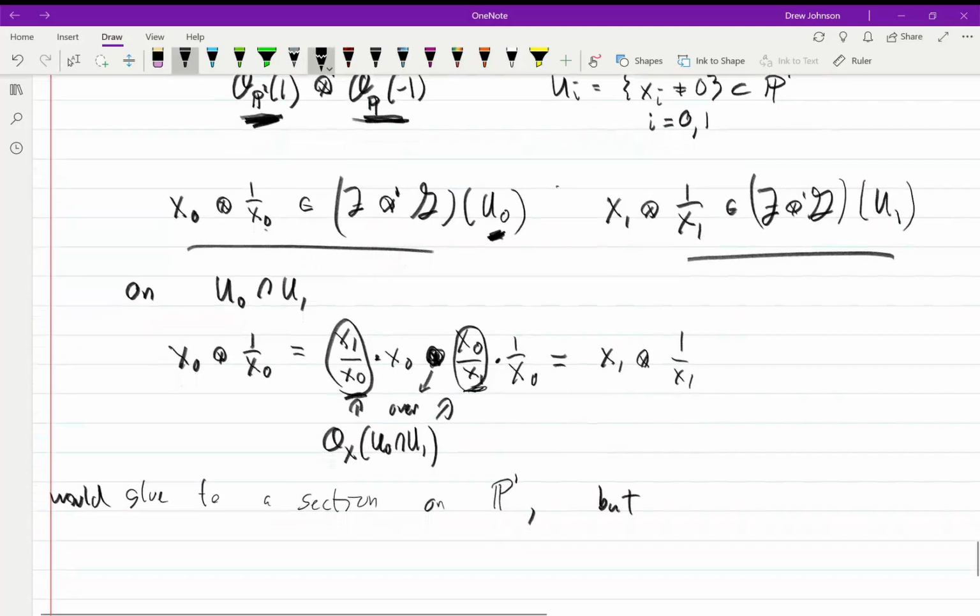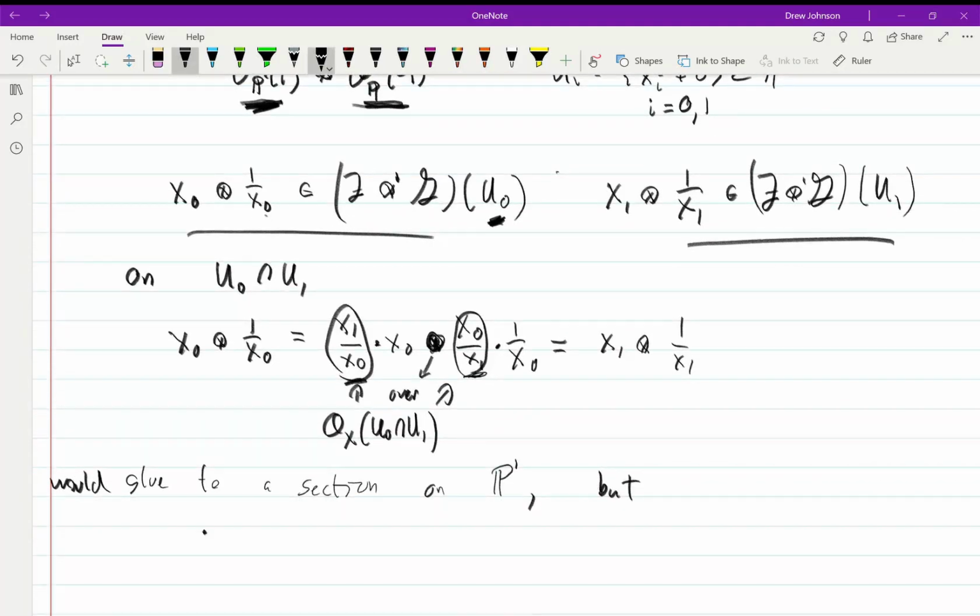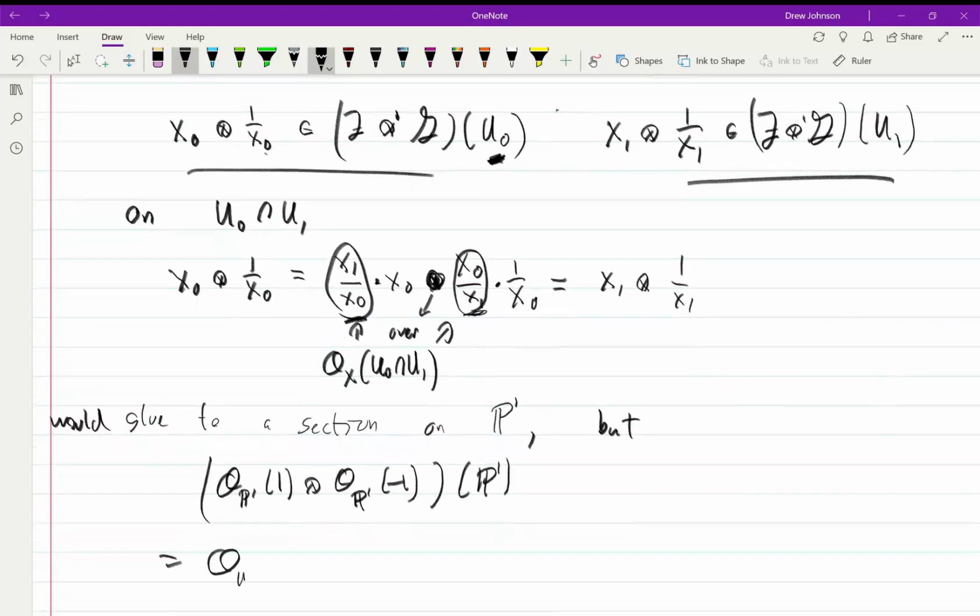But let's look at the global sections. O_{P1}(1) tensor O_{P1}(-1) on the whole space P1. Well, okay, the global sections over P1 will just be this tensor product, right?